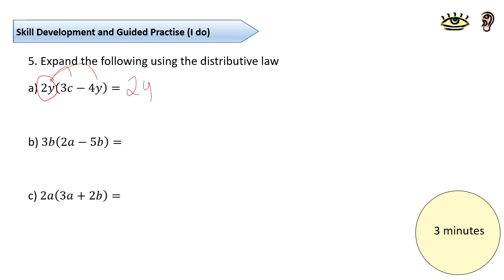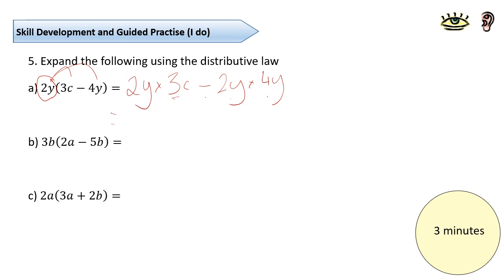So the term at the front is 2y, multiplied by what's inside the bracket. So inside the brackets is 3c, and then we're going to take away 2y times 4y. Okay, so 2y, the term out the front, multiplied by 3c, take away 2y times 4y.